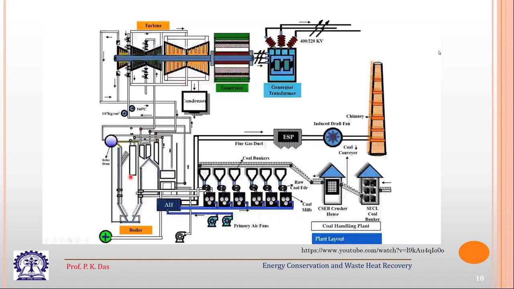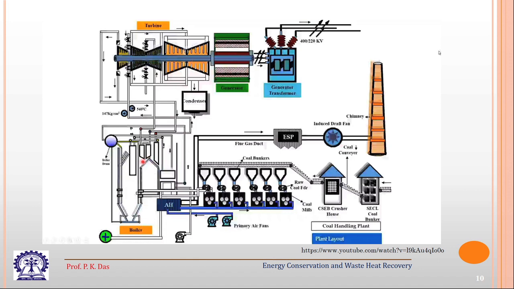After that we will find that there is a superheater. From the superheater, superheated steam will come, and it will go to different stages of turbine: the high pressure turbine, intermediate pressure turbine and low pressure turbine.